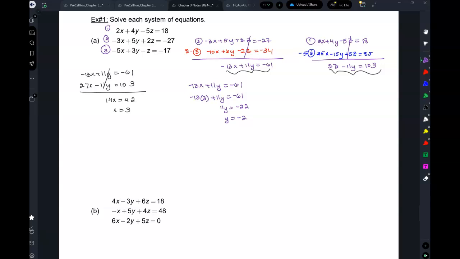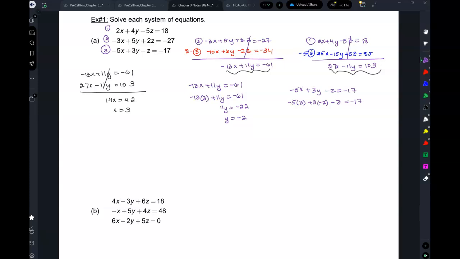Okay, still not done. Now we need z. I'm going to use that third equation for z. Negative 5x plus 3y minus z is negative 17. Negative 5 times 3 plus 3 times negative 2 minus z equals negative 17.